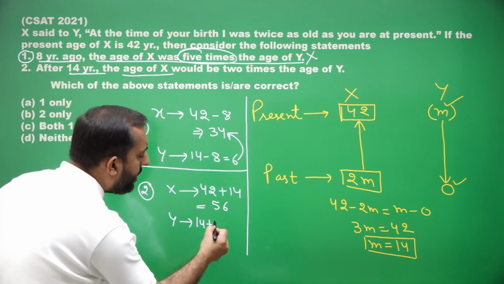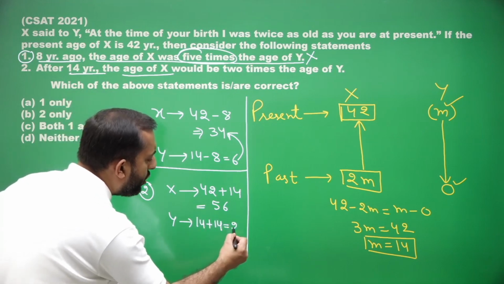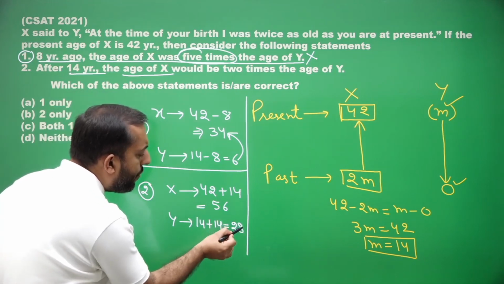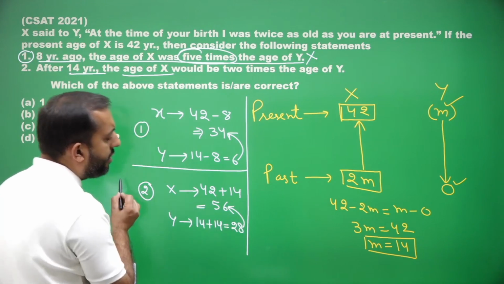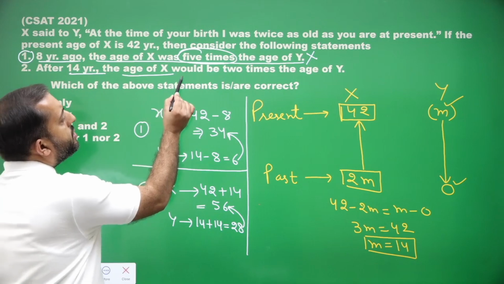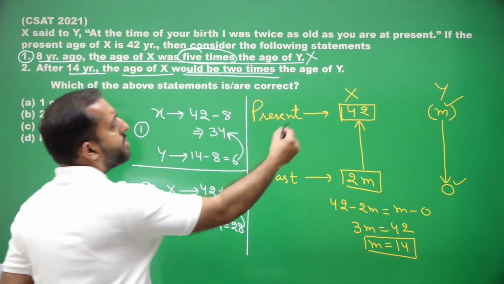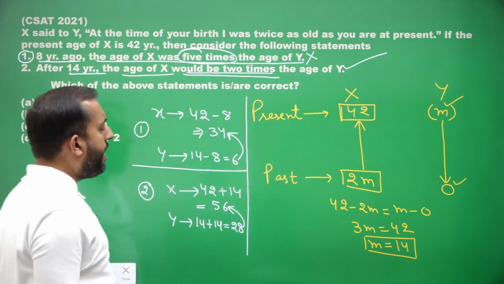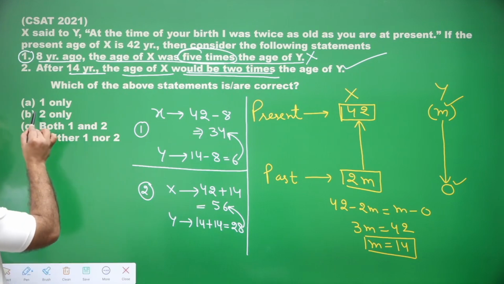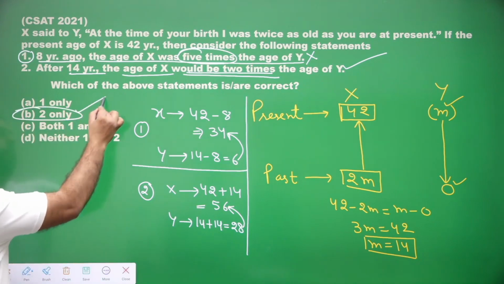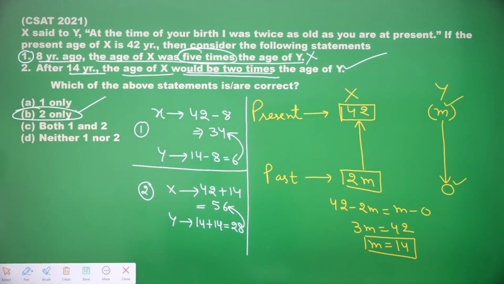So after 14 years, age of Y will be 28. Now 56 is double of 28. Statement 2 is telling us the same thing. That is why statement 2 is correct here. Hence, the answer of this question is option B. Please make a note of it, class. Answer is option B.